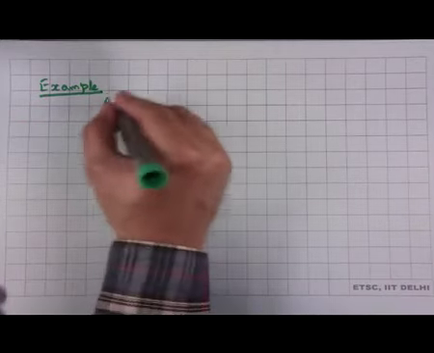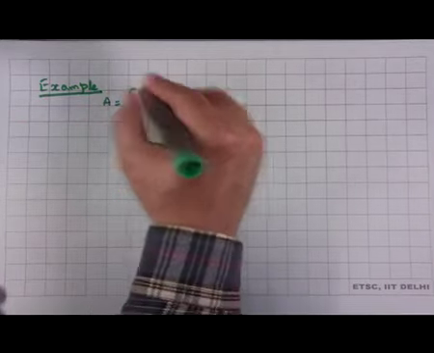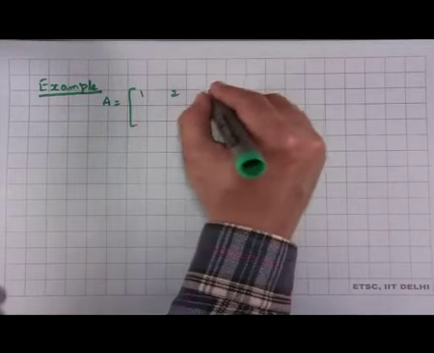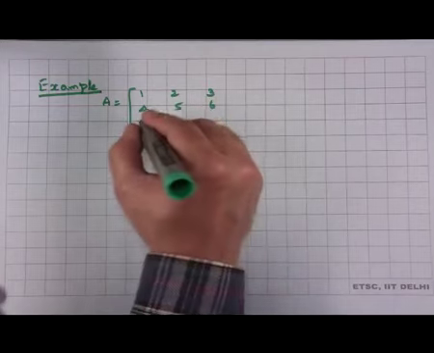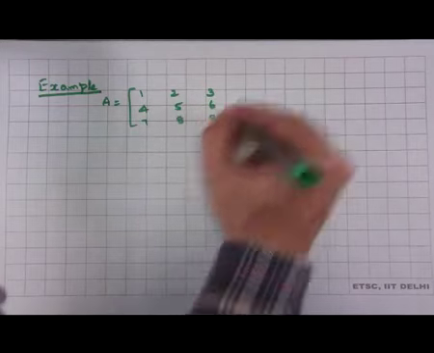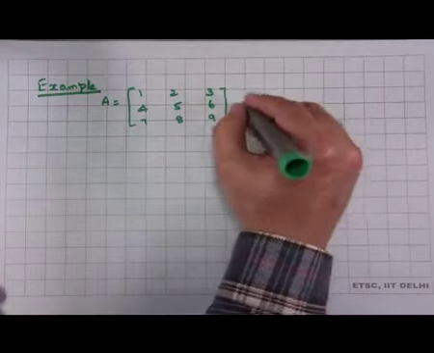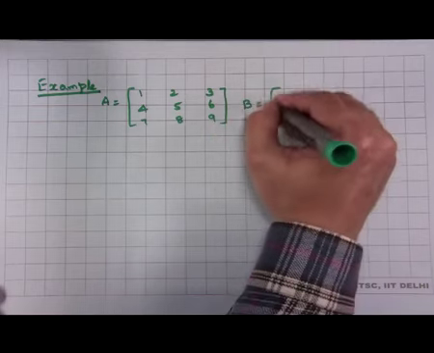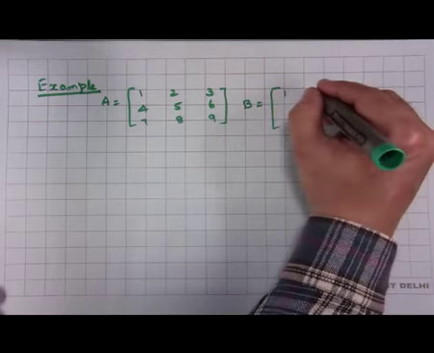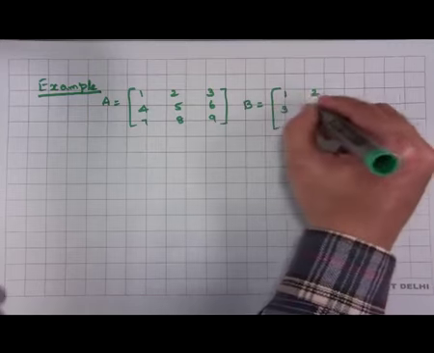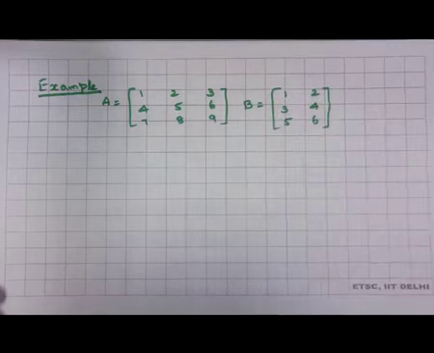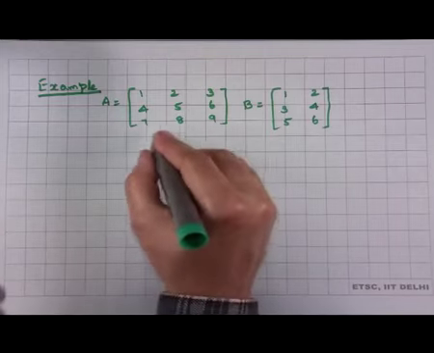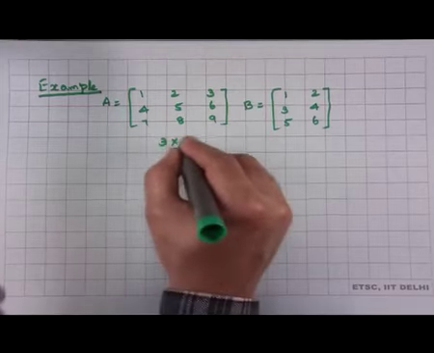Let us look at two matrices: A with entries 1, 2, 3, 4, 5, 6 and 7, 8, 9, and a matrix B with entries 1, 2, 3, 4 and 5, 6. If you look at the matrix A, it has order 3 by 3.